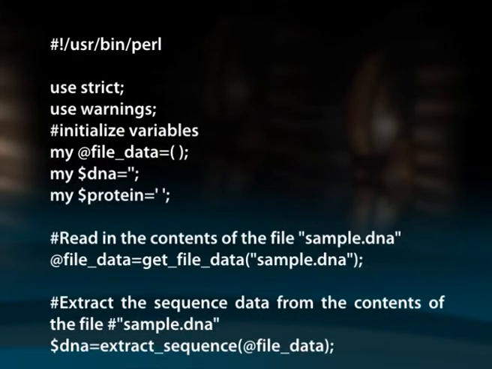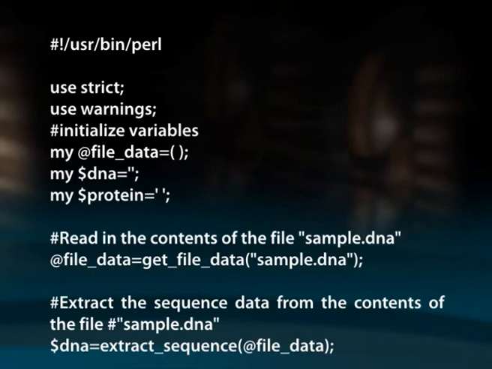Now we add all these pieces of code so that it can read a FASTA file and extract the DNA sequence data. Then it is translated into protein and printed out in 25 character long lines. The main program can be specified as follows. In the first section we initialize variables like the array @file_data and the variables $DNA and $protein.